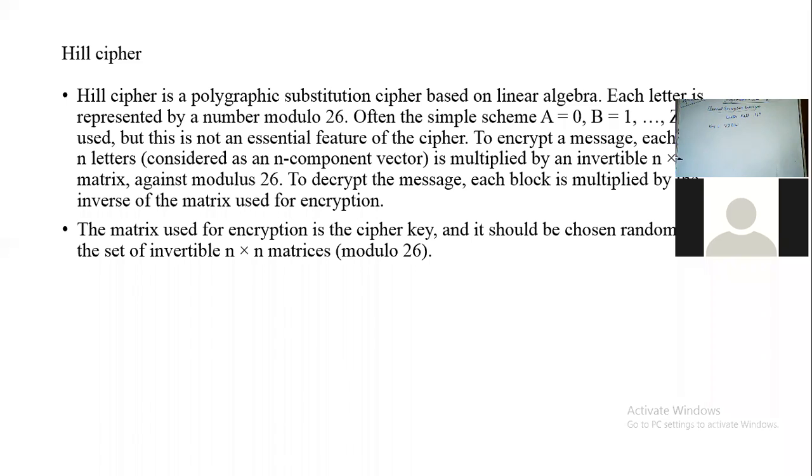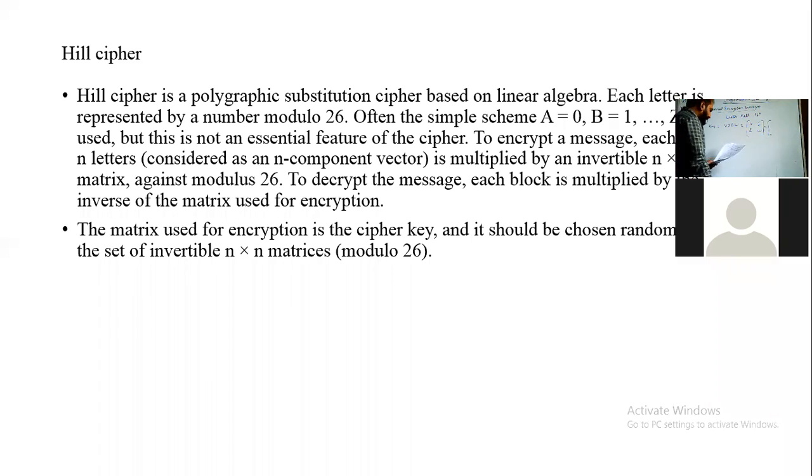How to convert this VIEW key into the matrix form? Like this: V I E W. Now write the corresponding letter numbers. What are the letter numbers?